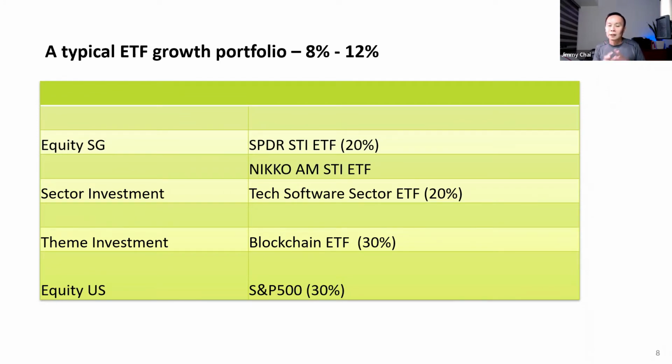So this is a very typical growth portfolio that will drive between 8 to 12, or maybe even 12 to 15 percent, which will form part of the grand scheme of things, with your fixed income, to help you accumulate your wealth even faster.